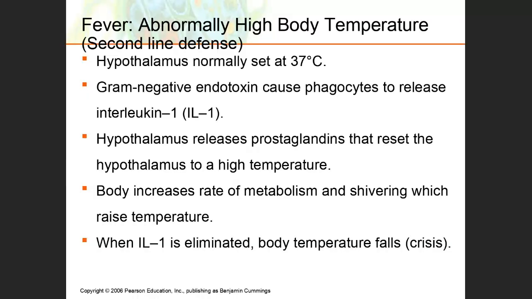Now, fever, that's actually a defense mechanism. But again, most people think fevers are bad, right? They try to stop a fever, but this is a defense against pathogens. And so normally, you should just leave a fever alone, unless you're really old or really young, because they tend not to be able to regulate the fever response.